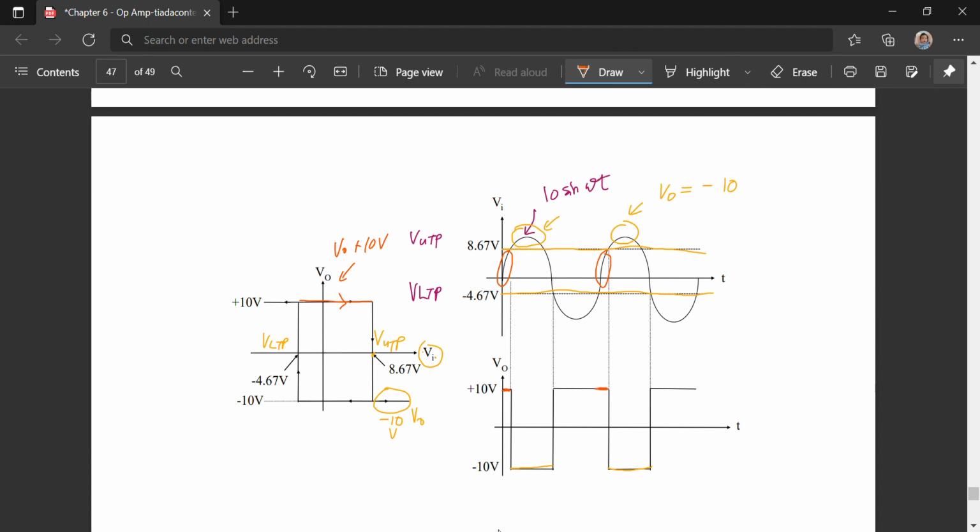And then if your Vin is at the middle over here, Vin less than VUTP but greater than VLTP, this one for this case and also this case.